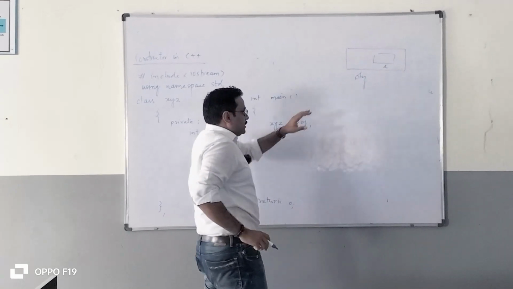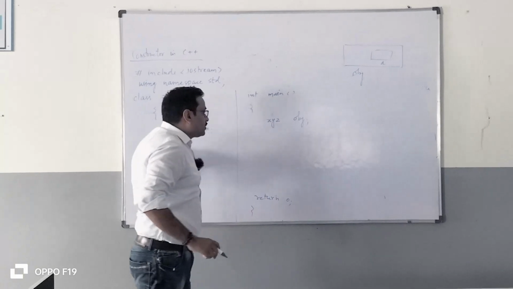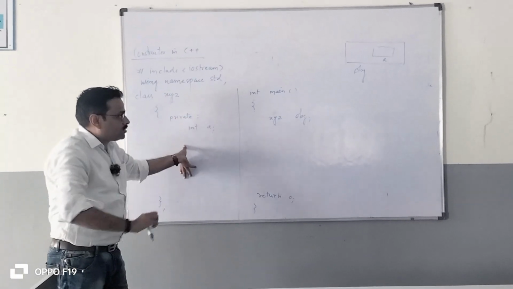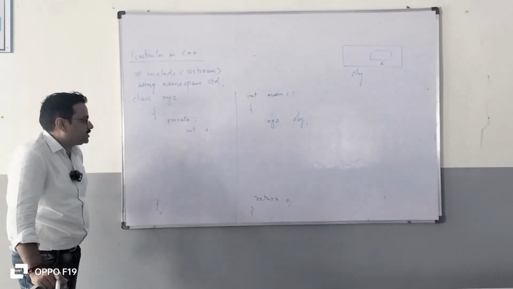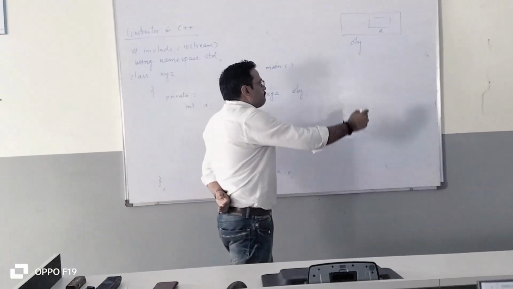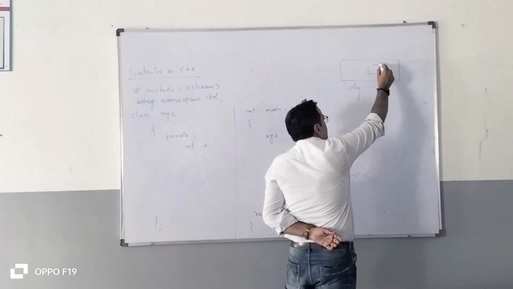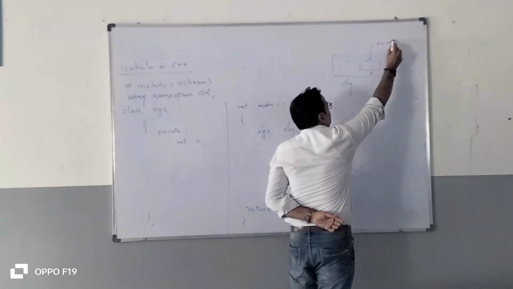So this got created. Without writing a constructor, we can create that object because of the default constructor. Now let's see. The object got created, and here memory created for this a. This a is created in the private section.